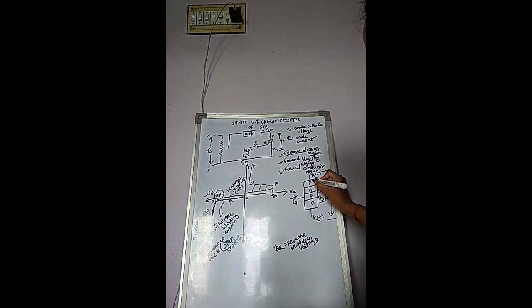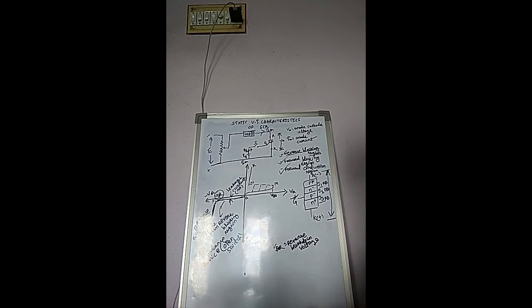Normally it is P plus, N minus, P minus, N plus. P plus means the highly doped P layer, N minus means lightly doped N layer, P minus means lightly doped P layer, N plus means highly doped N layer.